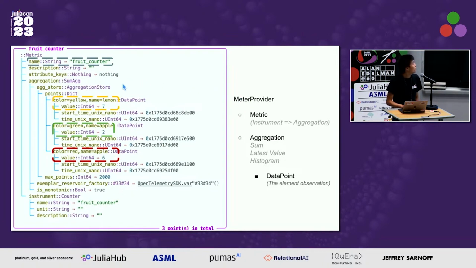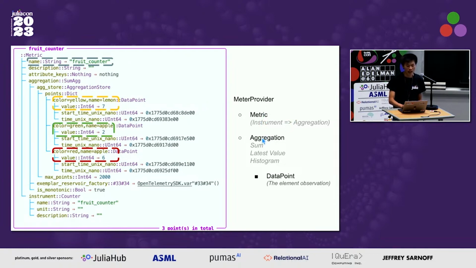Here is a detailed explanation of the metric data structure. The most important ones are the name of the fruit counter, and also there are many data points. So it is a hierarchical structure. The topmost layer is a meter provider, and then for each meter provider, we have several different metrics. And each metric is just a pair of instrument and aggregation.